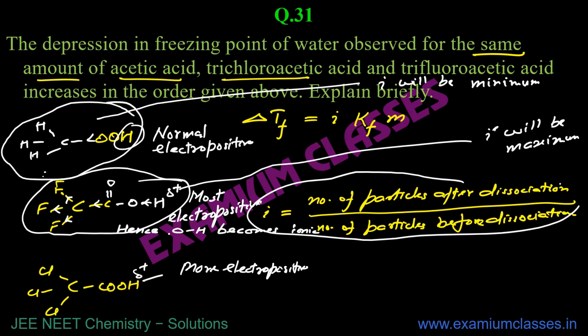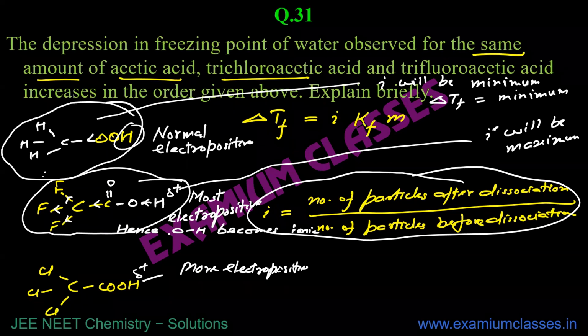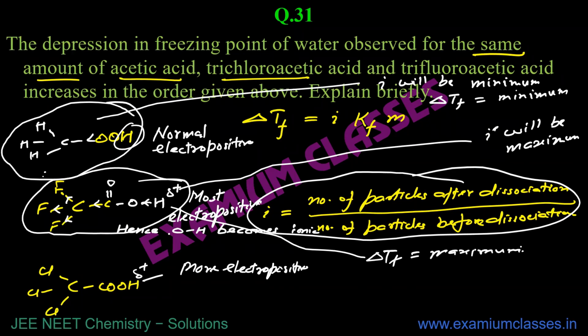And hence by this formula, delta TF will be minimum here, and in this case, delta TF will be maximum. So understand the reason. Try to link all the statements I have said. I'm giving you 30 seconds to recall everything, to join all the bits, whether or not you are able to write the answer.